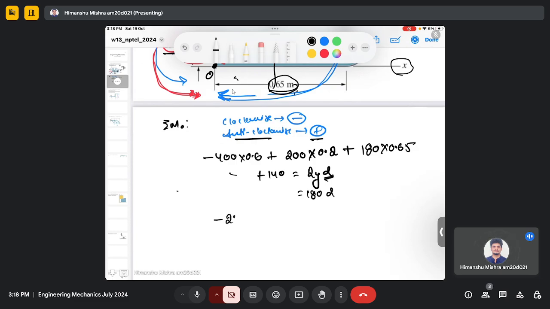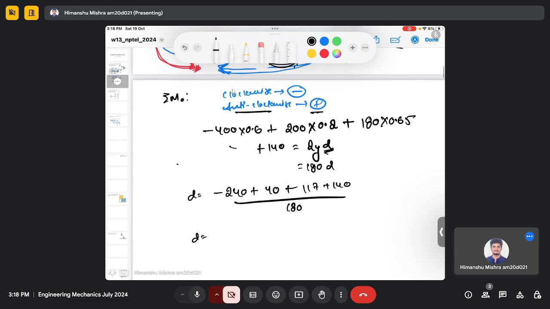So it's minus 240 plus 40 plus 117 plus 140 divided by 180, which is 57 by 180, which will give you 0.316 meter.